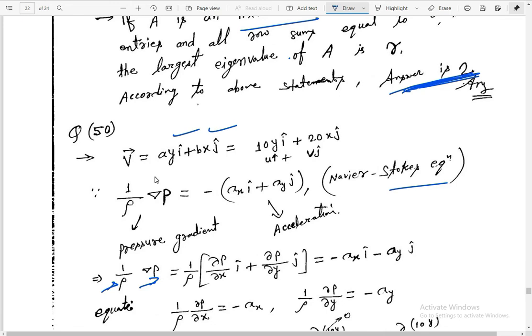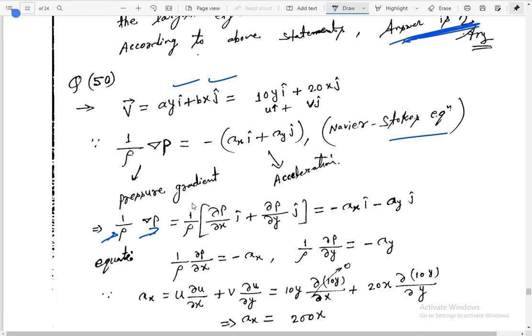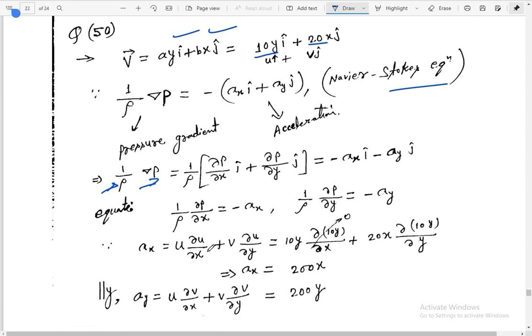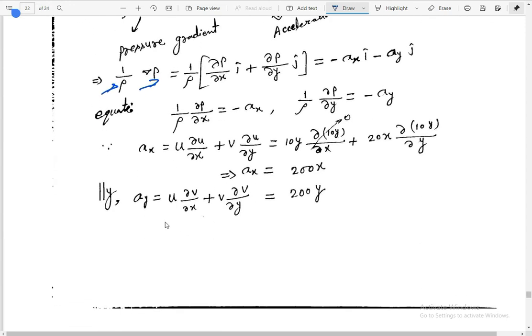We just say 10y is equal to u, and 20x equal to v. Now we can equate this with this one.